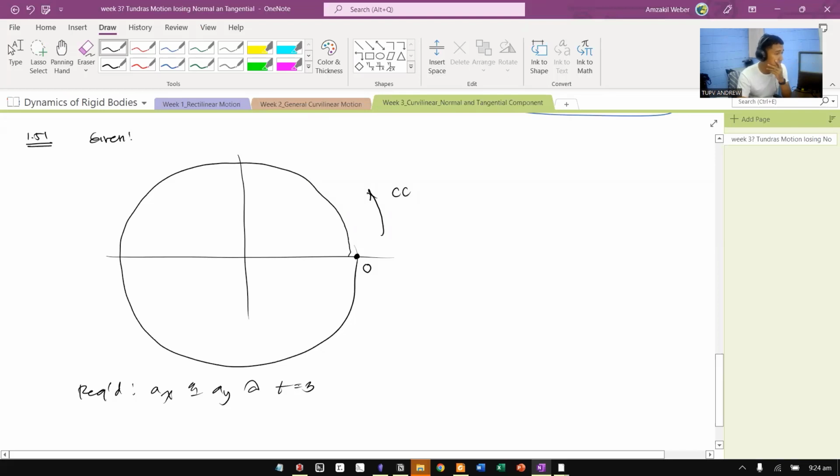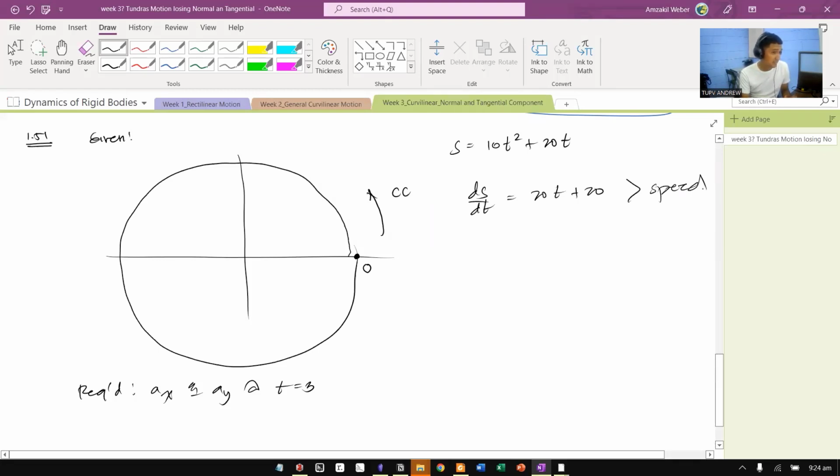Let's examine what we can do with the given, which is s equals 10 t squared plus 20 t. Let's analyze. What is s? This is the distance, because from this point of view it is an arc. But if you derive it, ds/dt, which is 20 t plus 20, you can just say that this is speed, since speed is distance over time.